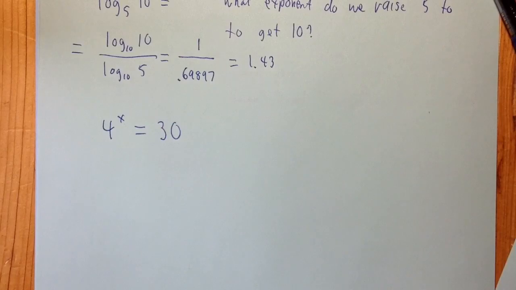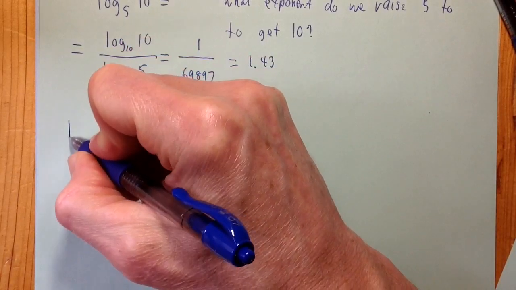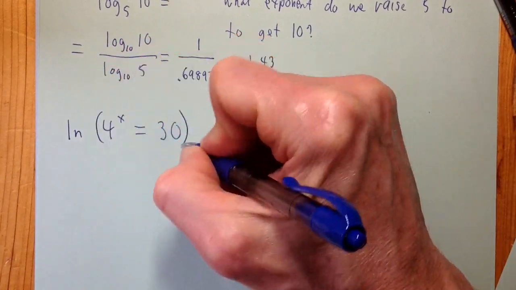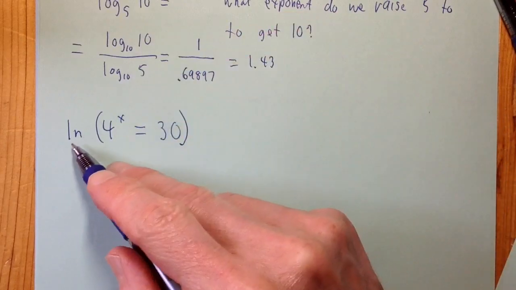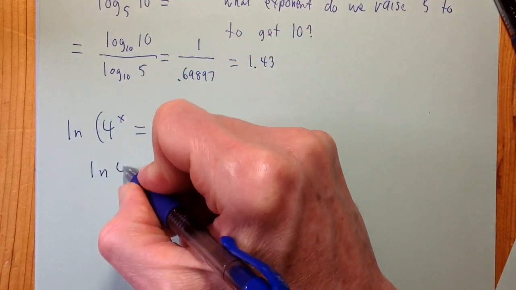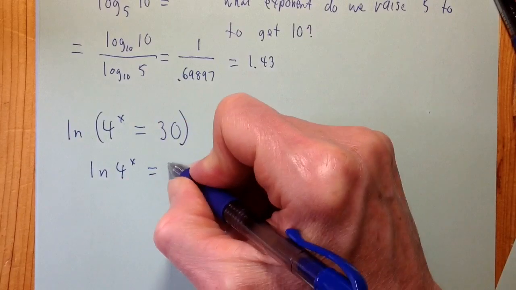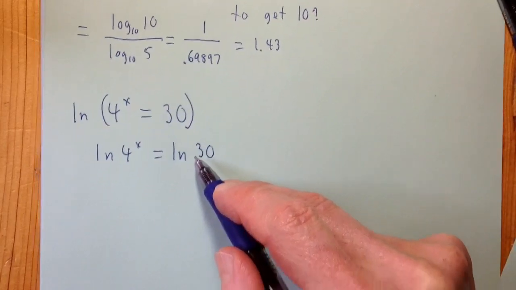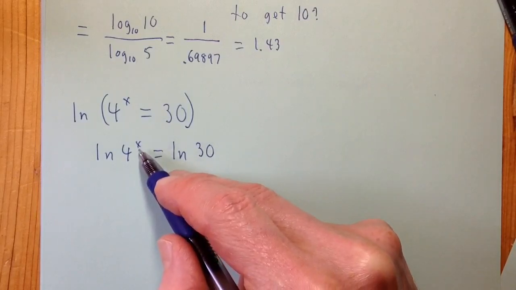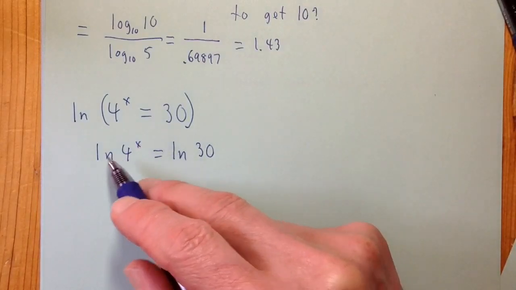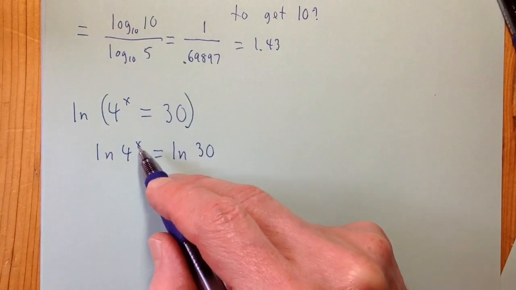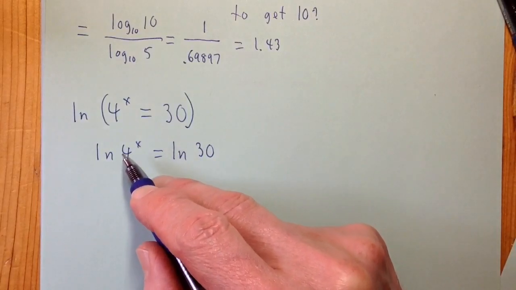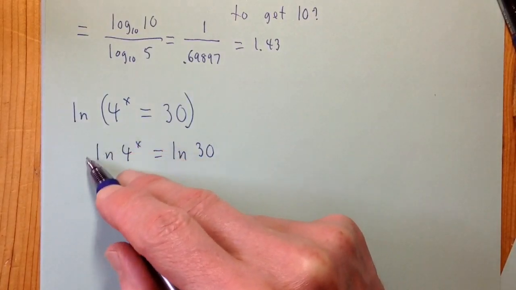So instead, let's try the ln this time, let's take the natural log of both sides. Natural log of 4 to the x equals natural log of 30. Natural log of 30 I can do in my calculator. Natural log of 4 to the x I can't exactly do, but we can use the relation we just learned, that the natural log of something raised to a power is the power in front.